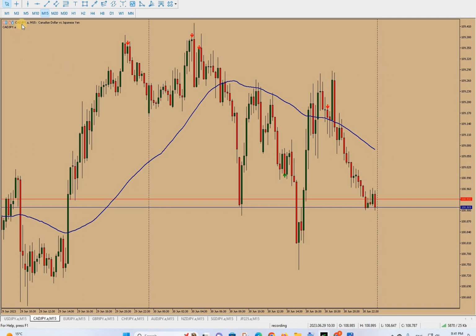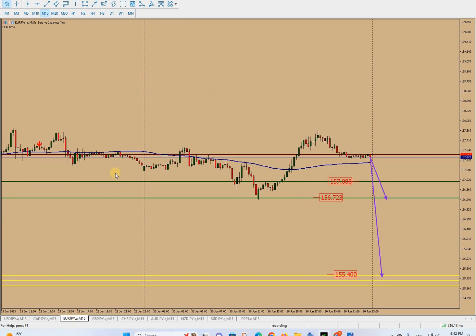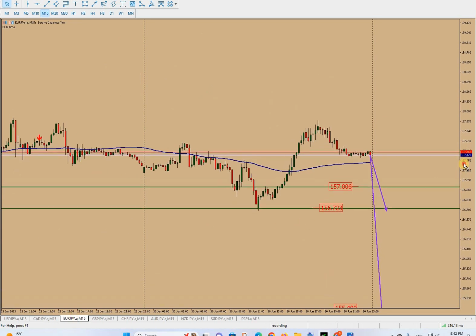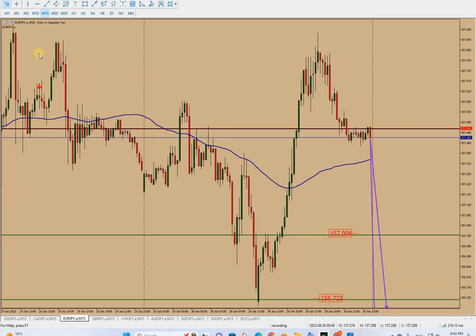But because of the way they set up the market, the pair has Japan in the second part, Canada Japan. So when Japan gets stronger, the Canadian currency gets weaker, then it goes down. As you can see on Euro, it's the same thing. Because Japan is going to get strong next week, Euro is going to be falling towards those levels.